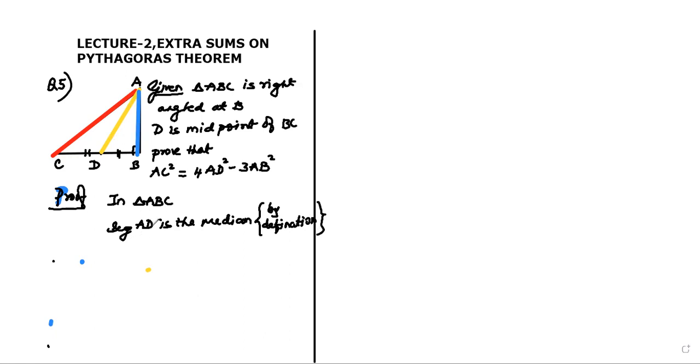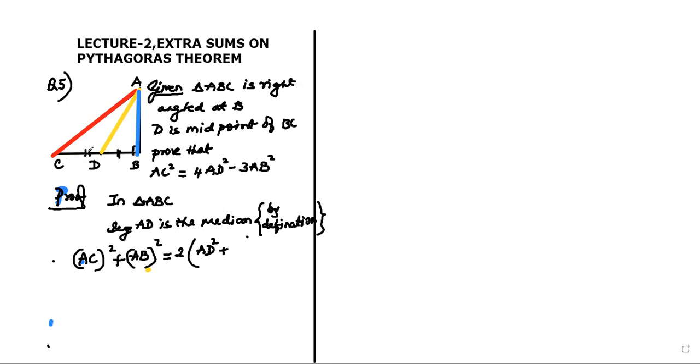Now, if AD is a median, what is Apollonius theorem? Sum of the squares of the segments on either side of the median. AD is a median. Which segments are there on either side of it? AC and AB. That means AC square plus AB square is twice the sum of the squares of the median and the bisected part by the median.